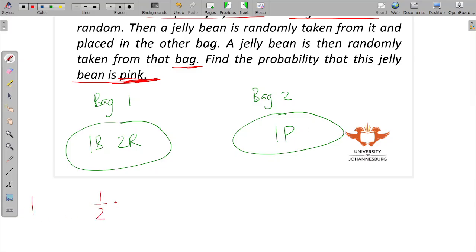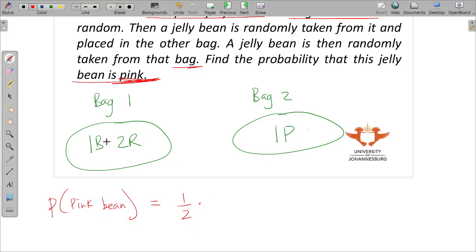Multiplied by the probability of a pink bean. So let's go. We select a bag first, the first bag. Now from the first bag, let's select a black. We are still going to come back to red because we are doing all the possible outcomes.